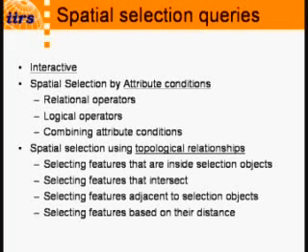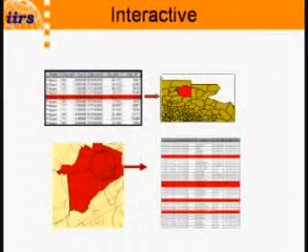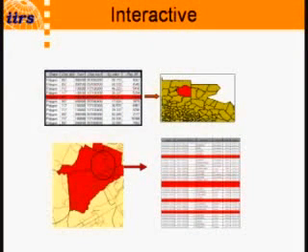So you can apply different types of topological relationships in order to retrieve the data. Now here also I am emphasizing that we are only doing a spatial selection, but we are not changing the original data values.